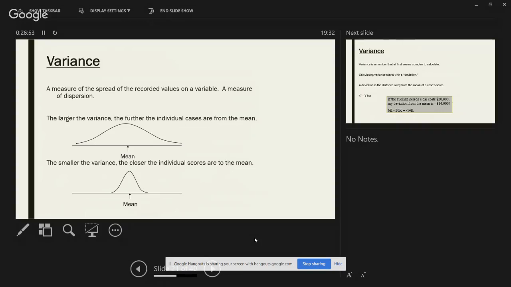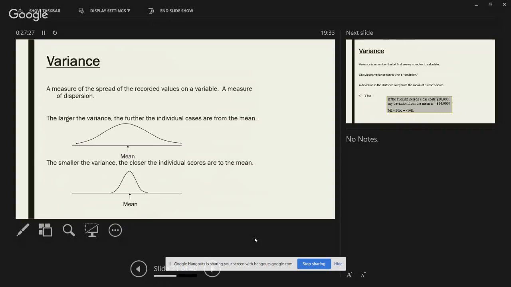So basically, if we have a higher range, for class A the range was around 60, but for class B the range was around 82. So we can say that the variance of class B was higher compared to the variance of class A. And yeah, the larger the variance, the further the individual cases are from the mean.